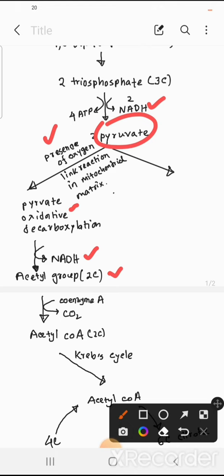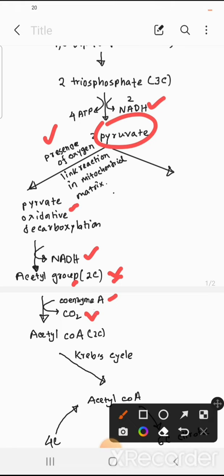What is an acetyl group? From AS chemistry we know that acetyl means 2 carbon, right? Acetic acid. So this acetyl group has 2 carbon. From pyruvate you have got an acetyl group. Now there is an enzyme called coenzyme A. This coenzyme A reacts with the acetyl group and it releases carbon dioxide.